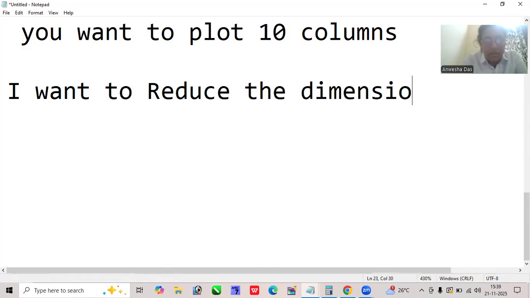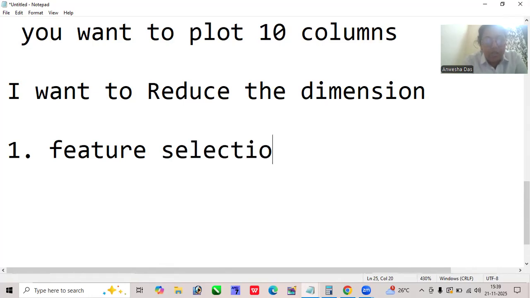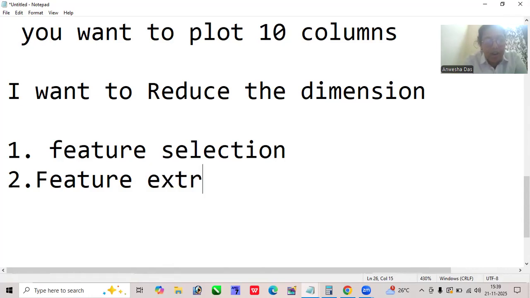For that, we have two things. One is feature selection, another one is feature extraction.